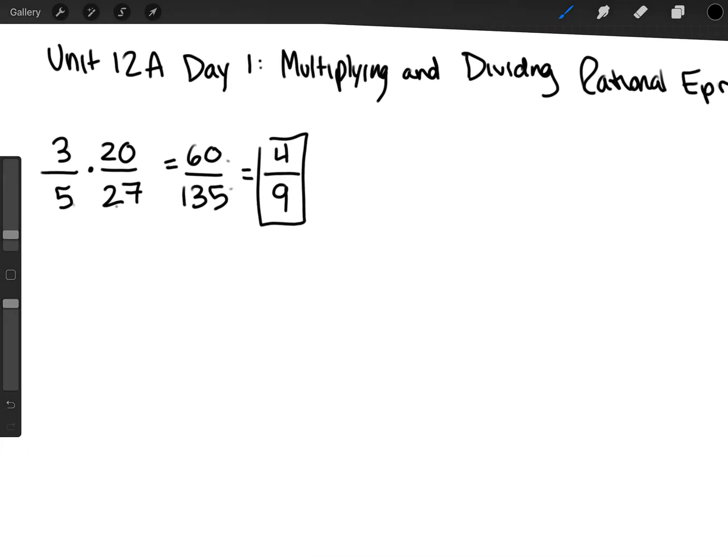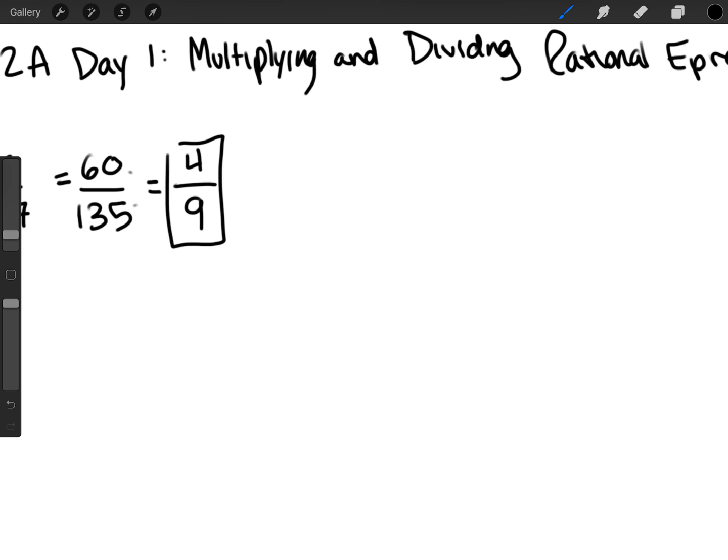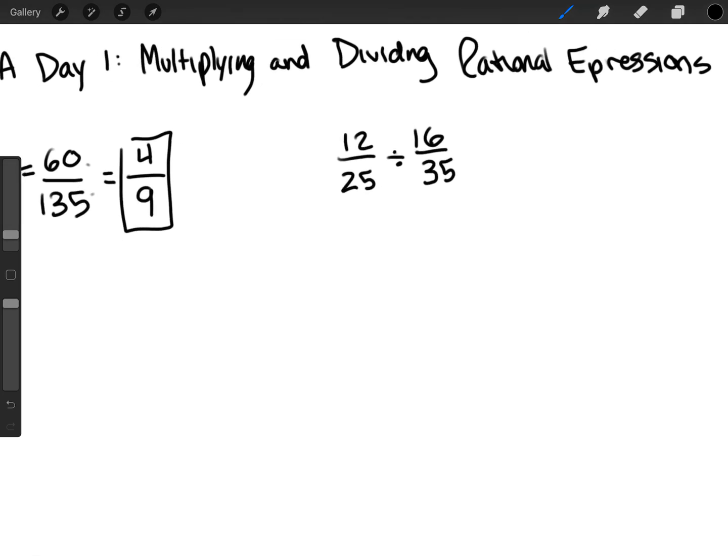Now, multiplying is the easy part, but it gets a little bit harder with division. So let's say 12 over 25 divided by 16 over 35. Now, the thing about division is that you're actually just multiplying by the reciprocal.